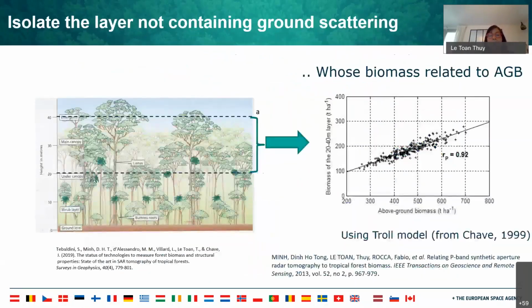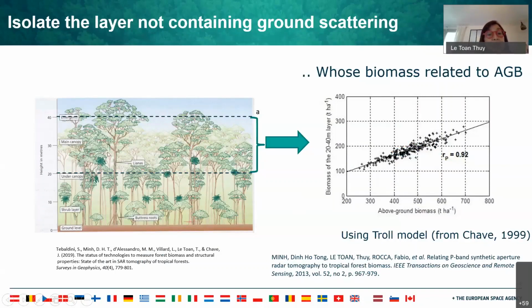Okay. Then from the different layers of the forest, the idea is we have to look at a layer where we don't have the effect of the ground, but the biomass of this layer must be related to the AGB. AGB is aboveground biomass.